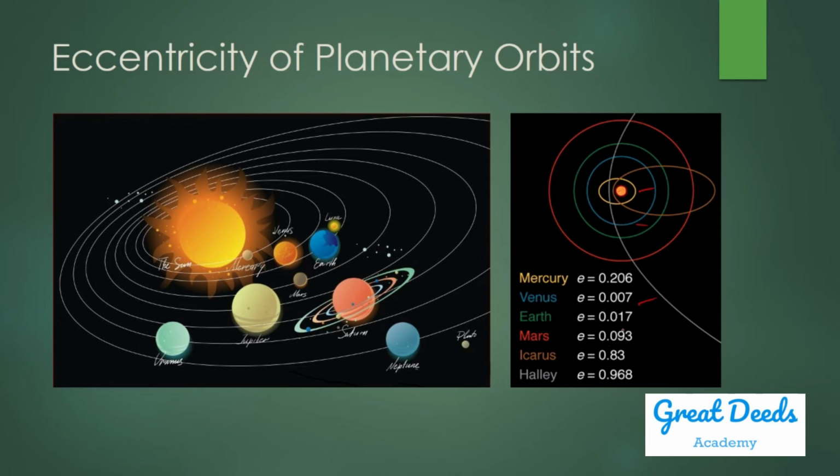The same with Earth. Earth's orbit is 0.017. And so those things are telling you something. The orbit of Earth around the Sun is almost like in the shape of a circle. Now pay attention to these two other space objects. Icarus is an asteroid. In the solar system, we have a region, the Kuiper Belt for example, that is occupied by many asteroids and many space objects.